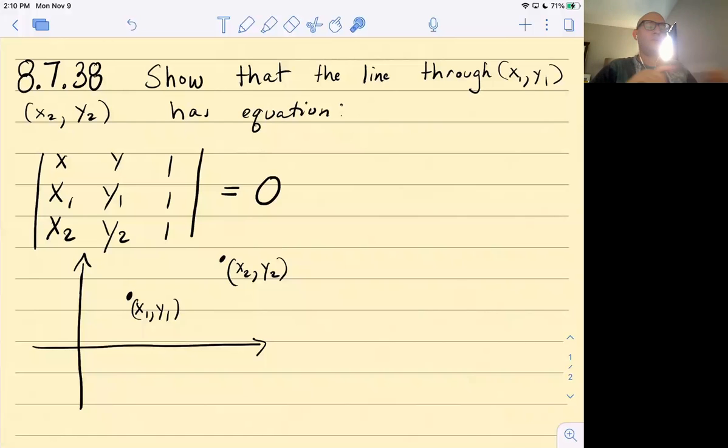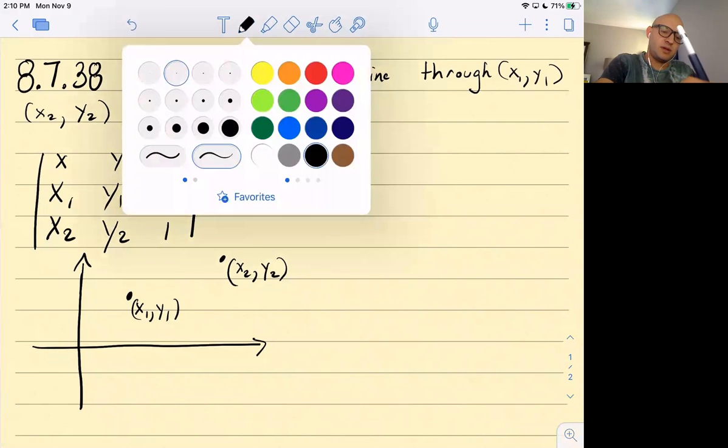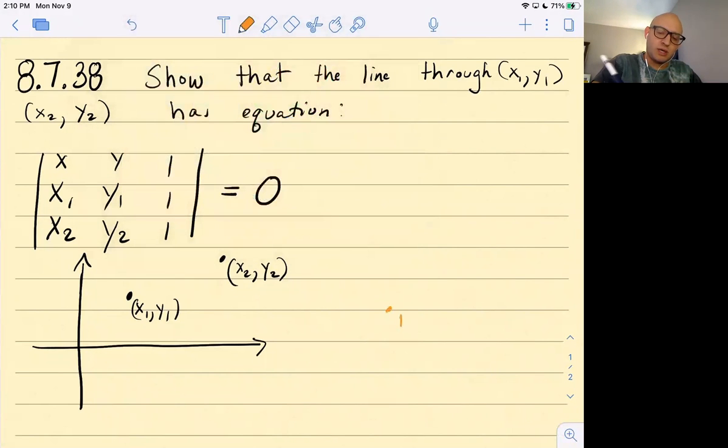So for example, if I gave you 3, comma 1, and let's say over here 7, comma 5, what do you do to figure out this equation? But don't do 3, 1, 7, 5, do x1, y1, x2, y2.